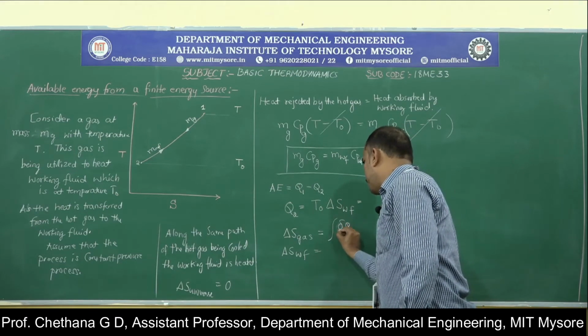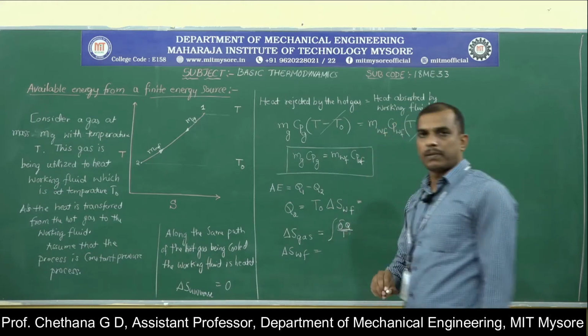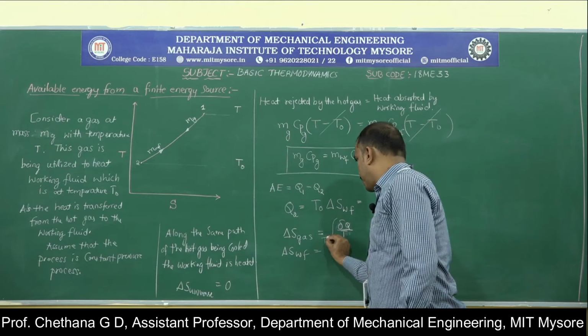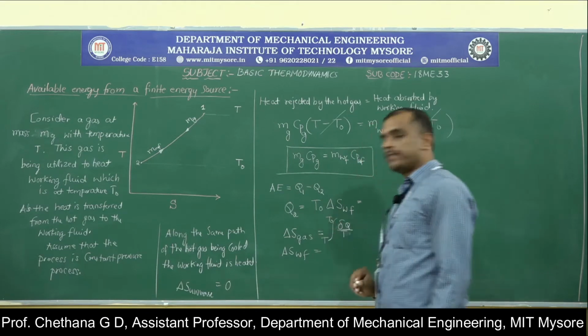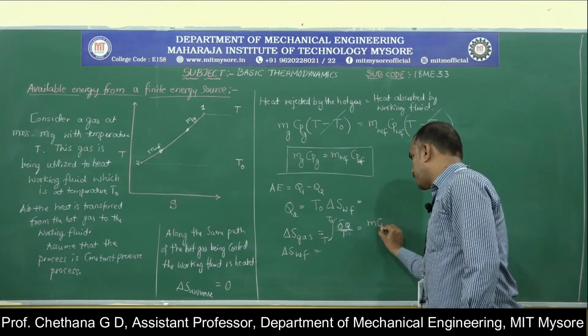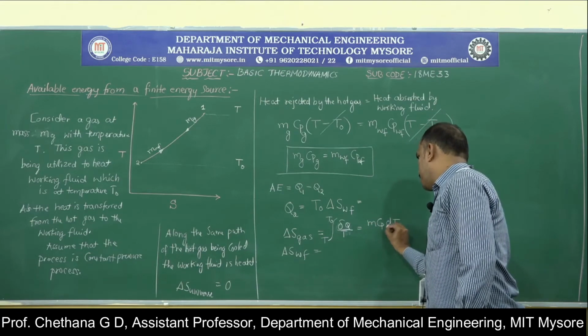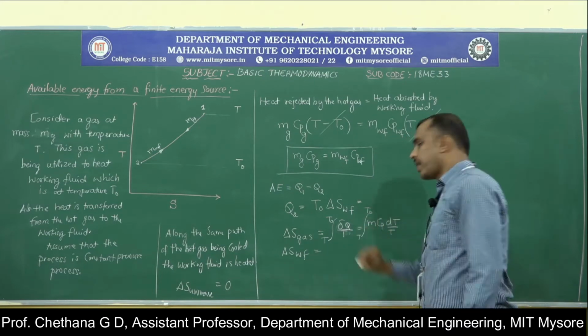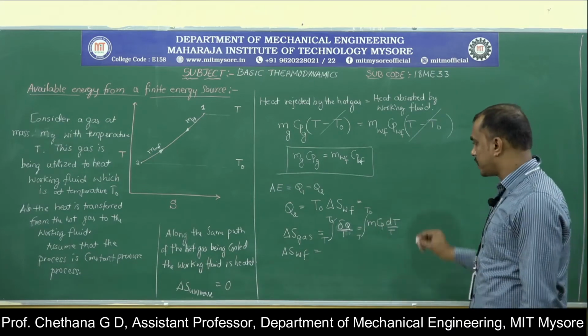Delta Q by T, or heat transfer by T. The temperature of this will be what? T to T naught, integration limits. Now delta Q for a constant pressure process, mCp dT by T, limits will be same. We are writing for change in entropy of gas.